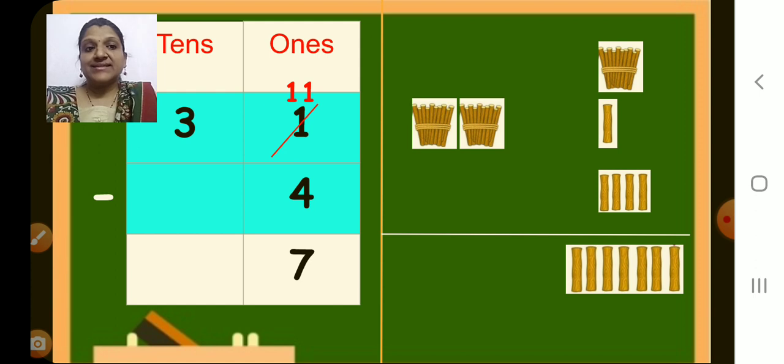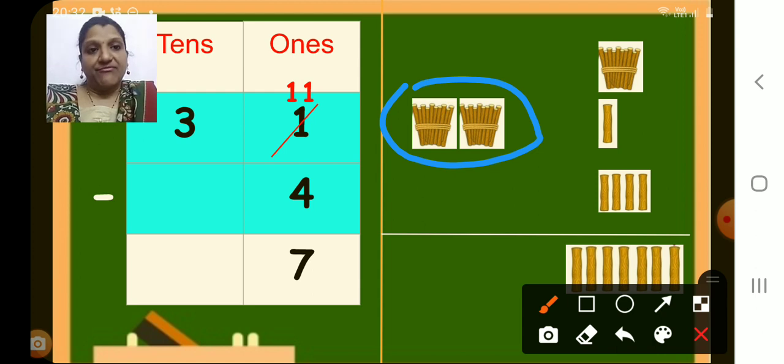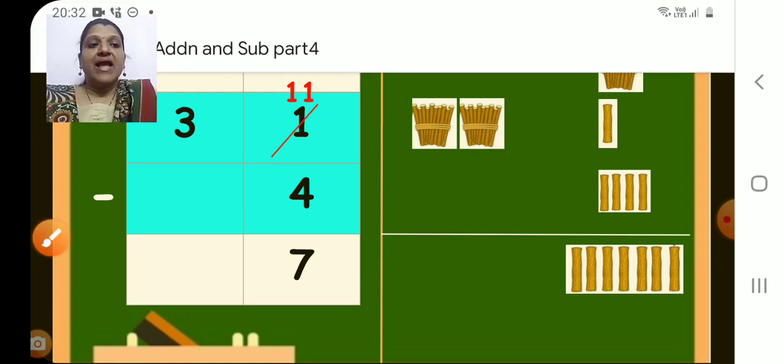Now what is the next step? Yes, subtraction of numbers in the tens place. As 1 ten has been borrowed by the ones place, at the tens place we see that only 2 tens are left. So we will take them as it is.